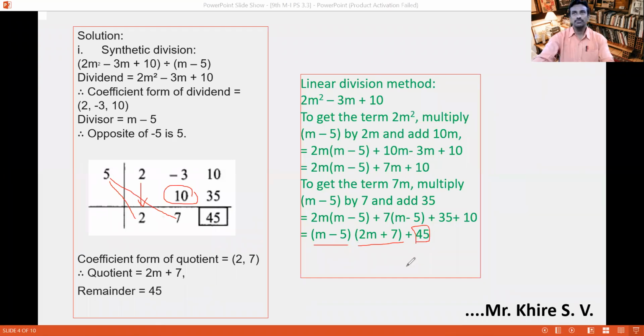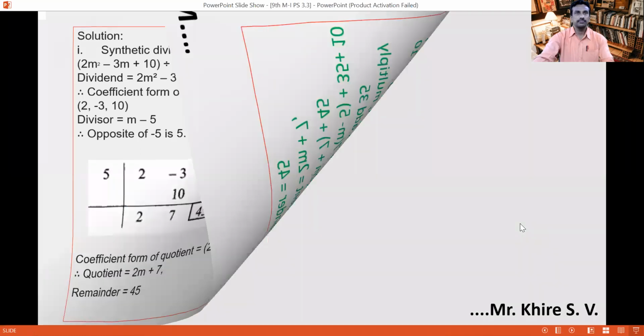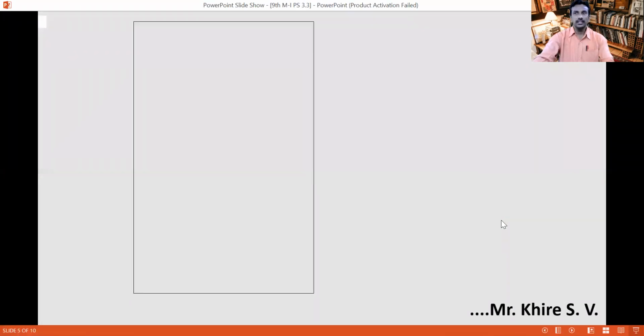Got it, all of you? So the quotient is 2m plus 7 and the remainder is 45. Understood? Okay. Now similarly, you can solve all the examples in this question by using the synthetic division method.